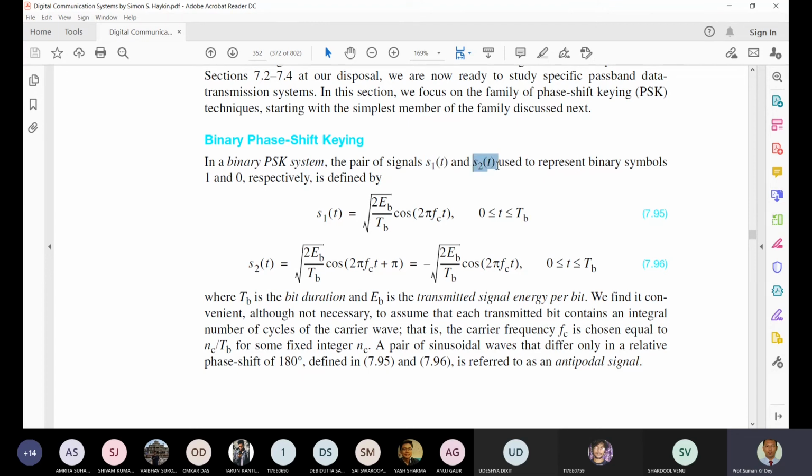For representing the two signals, how many basis functions are required?